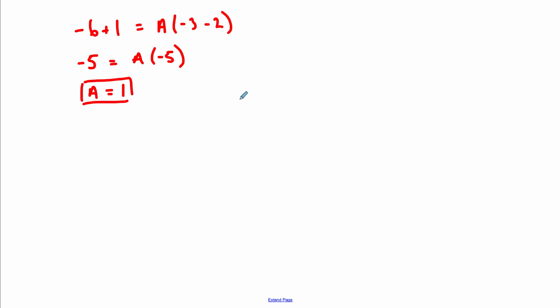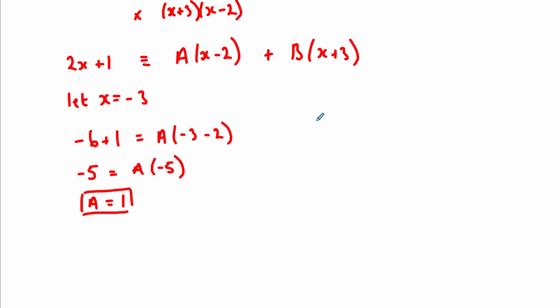I'm going to do the same thing again to help me work out b this time, and just think for a second, what am I going to let x be now in order to work out the value of b? I'm going to let x equal 2. I'm letting x equal 2 so that this bracket now disappears, and I'm going to be allowed to work out b.